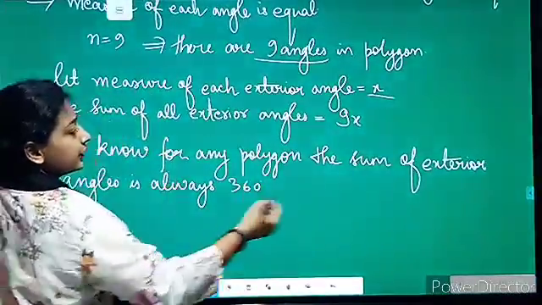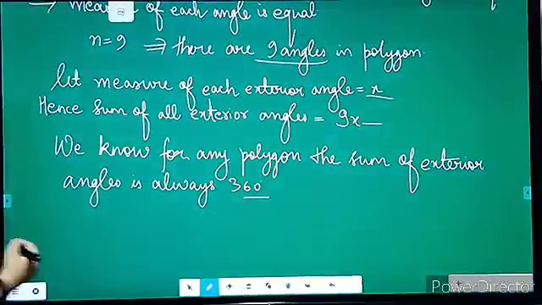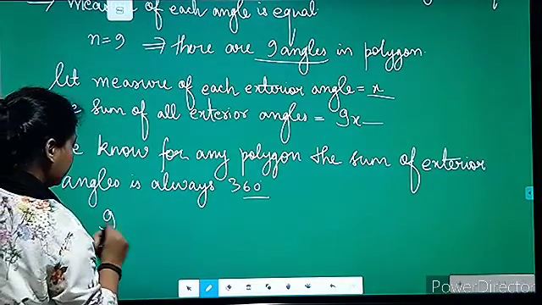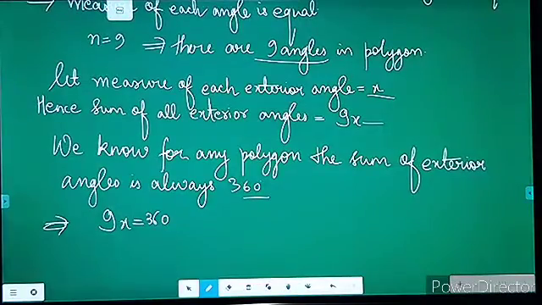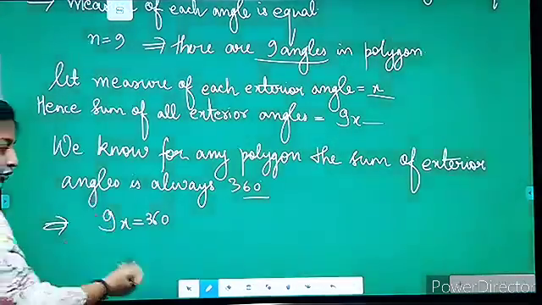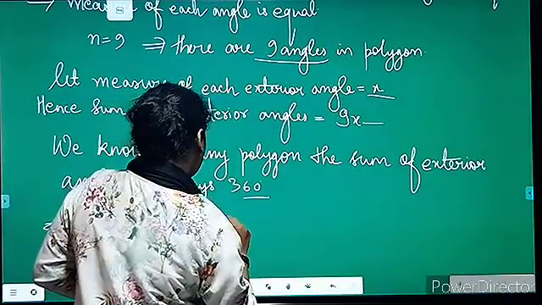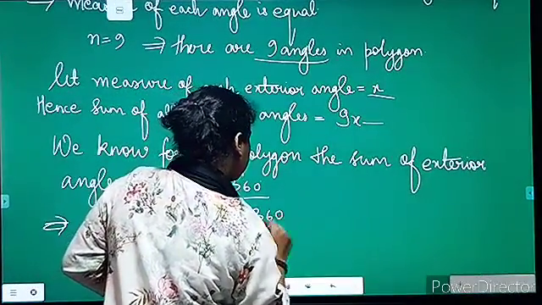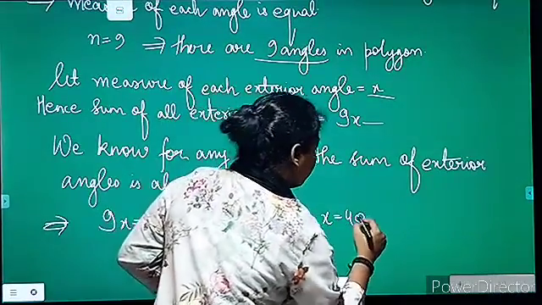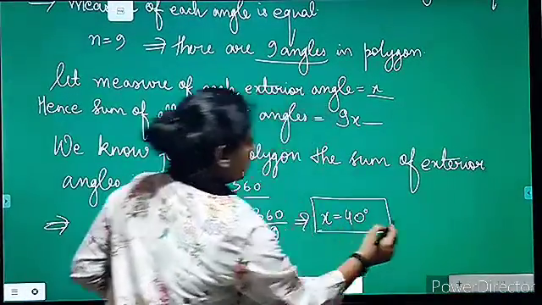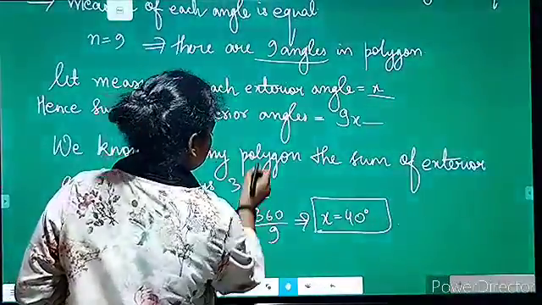This implies this was our sum and this has to be equivalent to 360. This gives us the value 9x must equal 360. Here see 9 is in multiplication, so when we take it to the other side, it has to be divided. This gives us x equals 360 by 9. This implies x equals 40. Hence, in our polygon, each exterior angle is of 40 degrees.